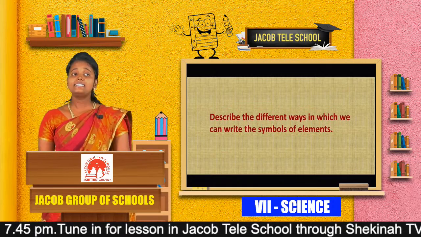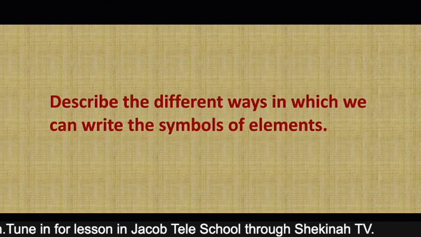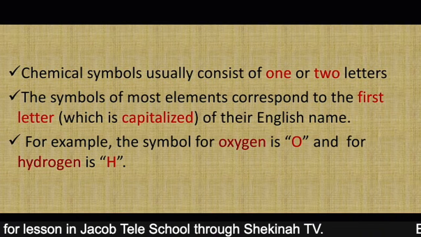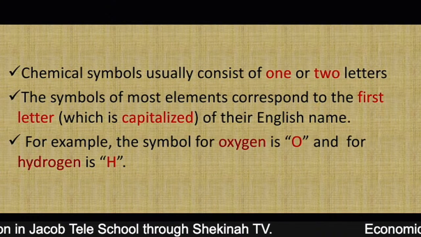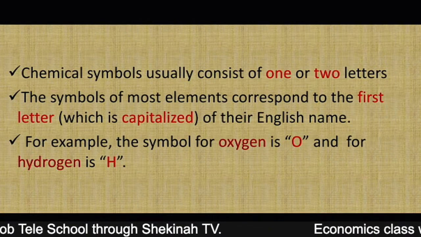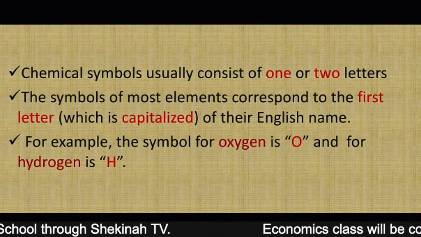Okay. Describe the different ways in which we can write the symbols of elements. What are all the rules? Do you know? First rule. Just read the passage. Open your mouth and read. Chemical symbols usually consist of one or two letters.